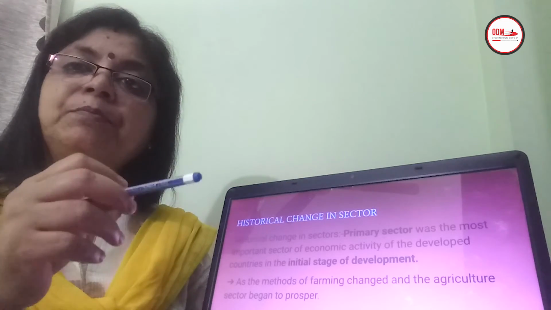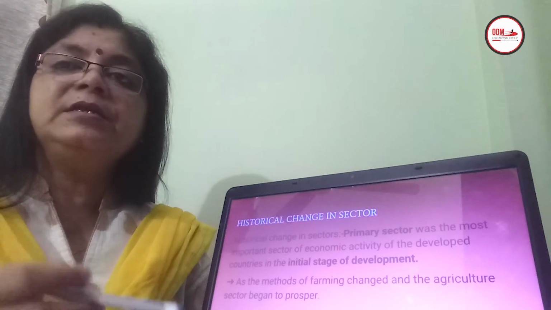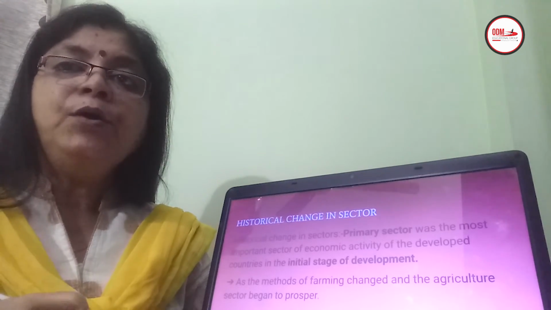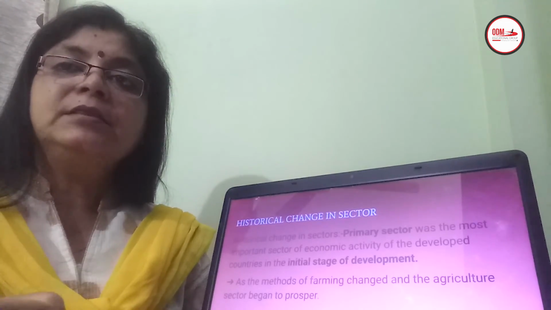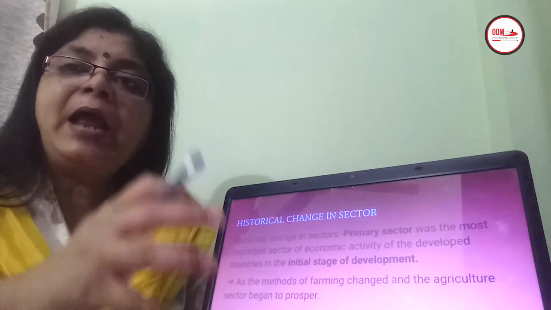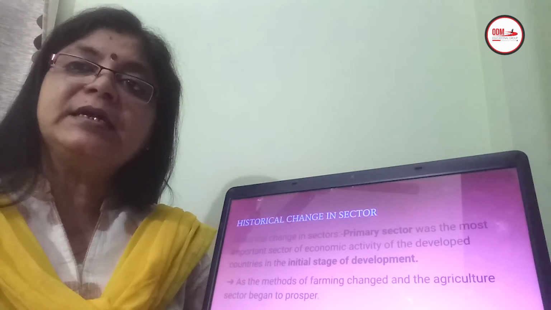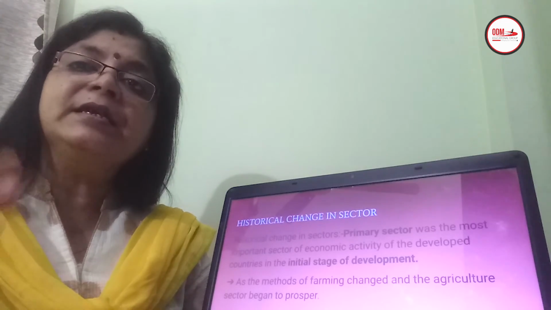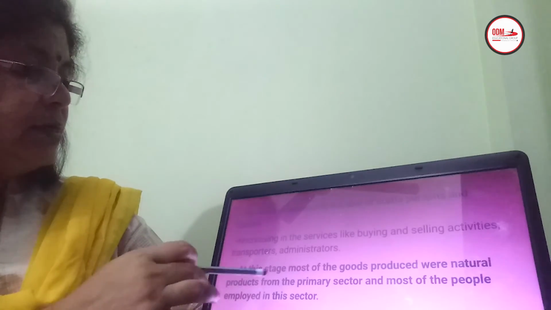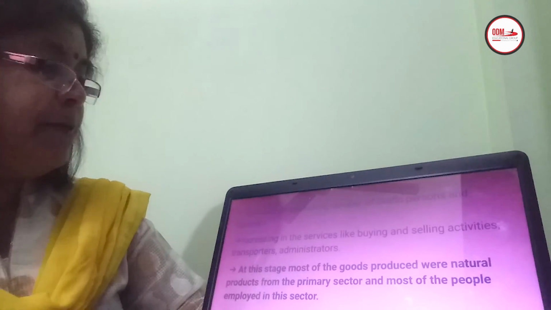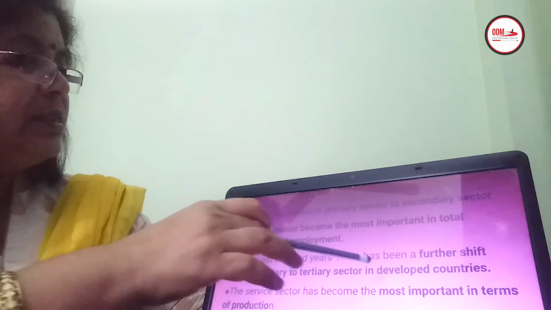So in such a way, over the past 100 years, the importance of the secondary sector emerged. When the secondary sector prospered and adopted new technology, human employment shifted from primary to secondary sector. After the secondary sector prospered, the demand for the tertiary sector increased in the past 100 years. Over a long period of time, you can see more importance given to the tertiary sector in the developed countries.